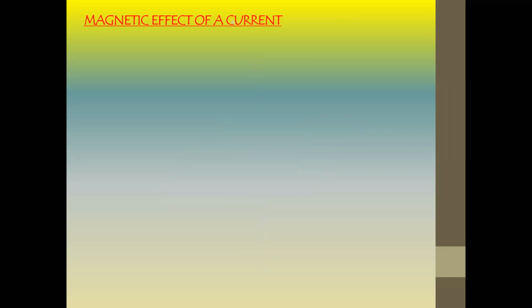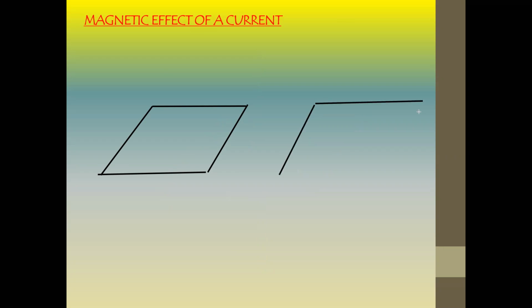So the strength of the magnetic field depends on how much current we are passing. Like if we have, say, two wires which are carrying current in the same direction, but the amount of current passing through the wires is different.